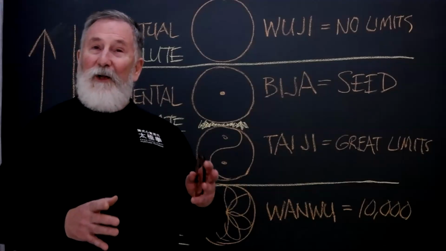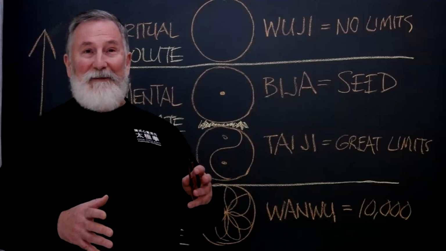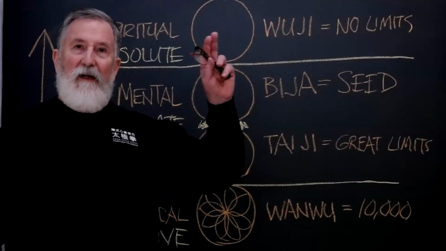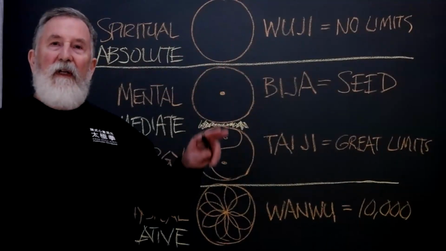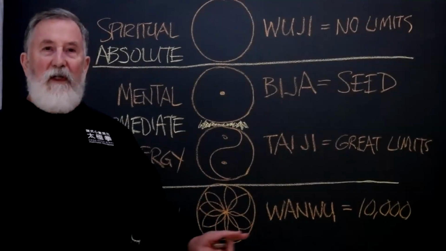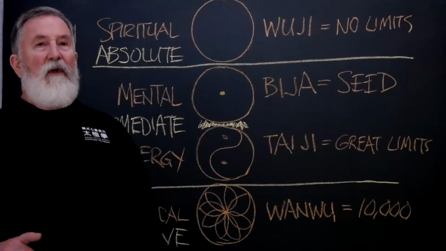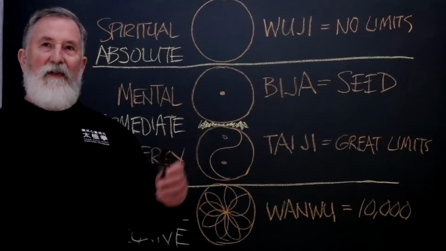But if you look at all of them, they're all essentially saying the same thing. There's something at the absolute level that is still included in the relative level. And all of us have it, and when you get into difficulties, it's nice to know that it's there.